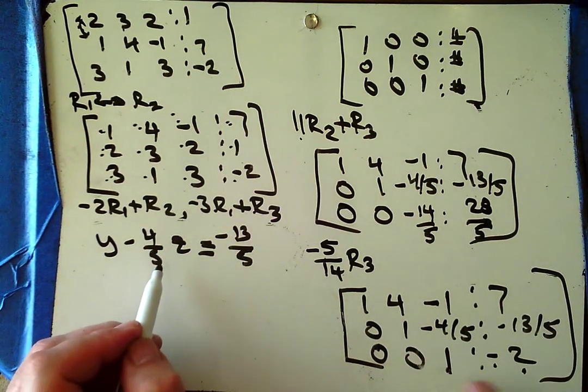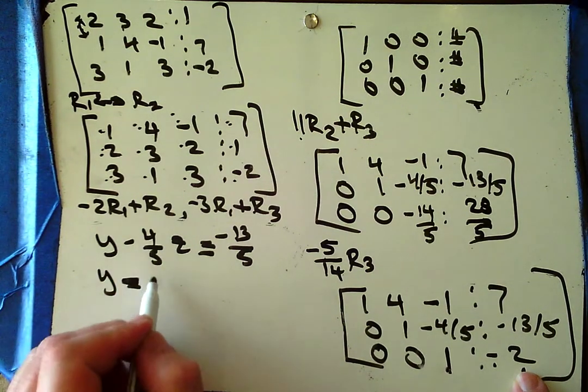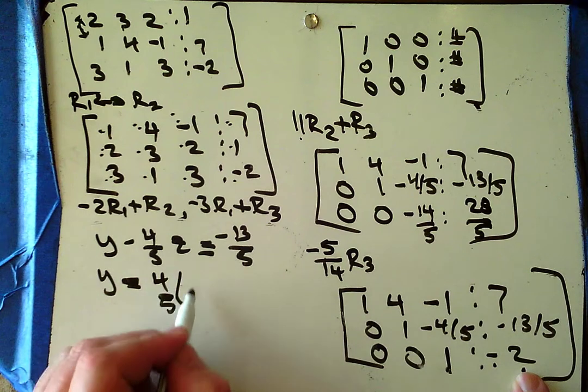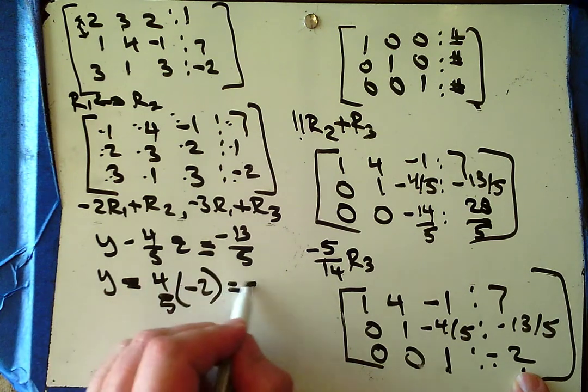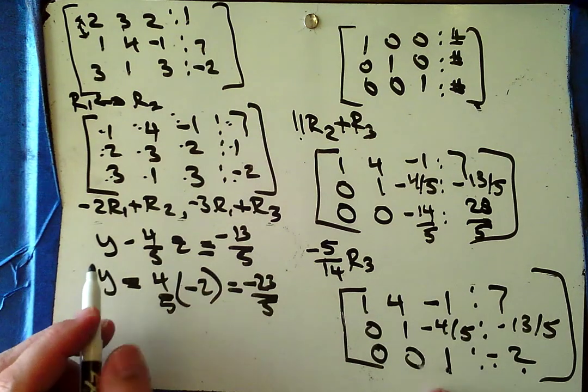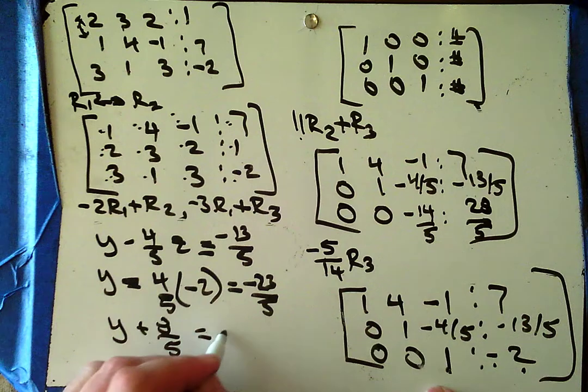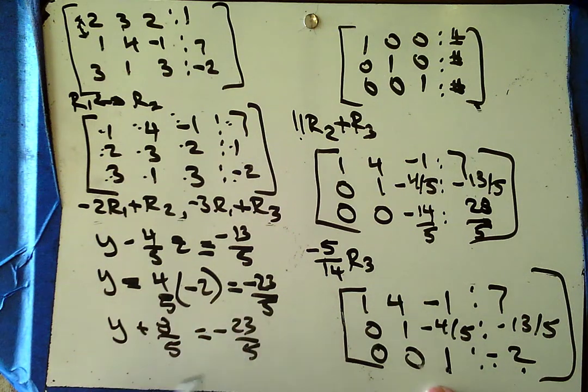And so he plugs in z equals negative 2. Y minus 4/5 times negative 2 equals negative 23/5. And he comes up with y plus 8/5 equals negative 23/5.